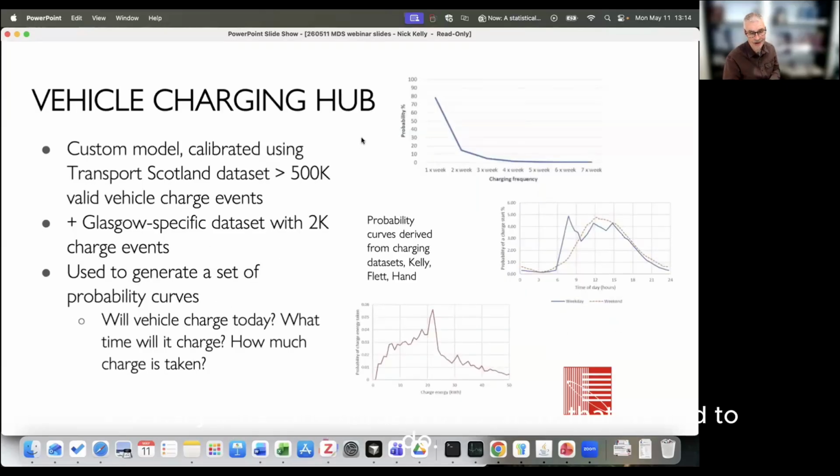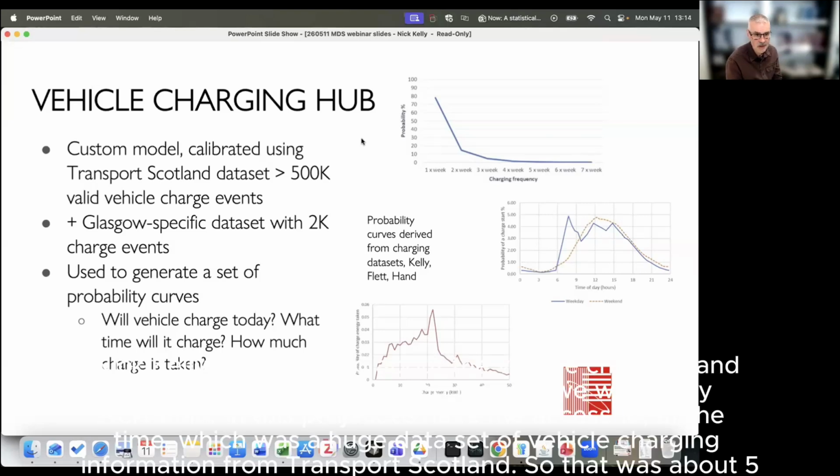The hardest bit of work that we had to do was thinking about the vehicle charging and how we go about modelling that. So we were very fortunate in this project to have access to, at the time, a huge data set of vehicle charging information from Transport Scotland. That was about 500,000 vehicle charging events.